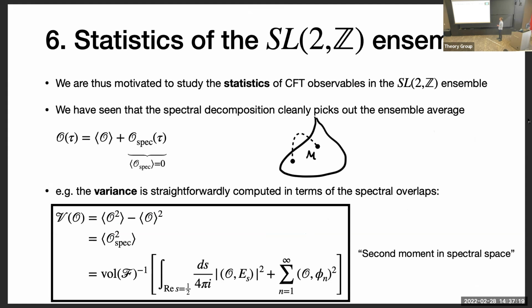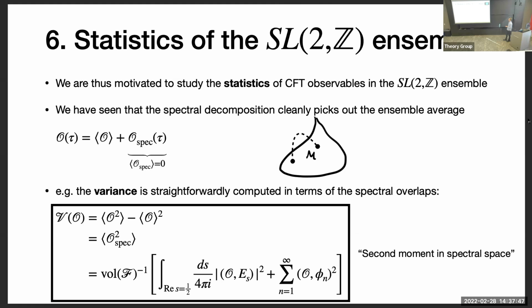Obviously, given this correspondence between ensemble averaging on one hand and strong coupling on the other, we're well motivated to study statistics of observables in this ensemble, denoted by these little dashed lines correlating two points in the moduli space. The spectral decomposition cleanly picks out the ensemble average. There's the ensemble average plus what we call O spec, which averages to 0 and contains all the coupling dependence.